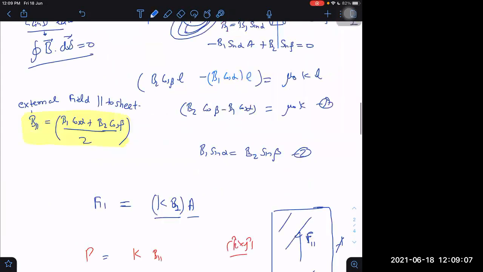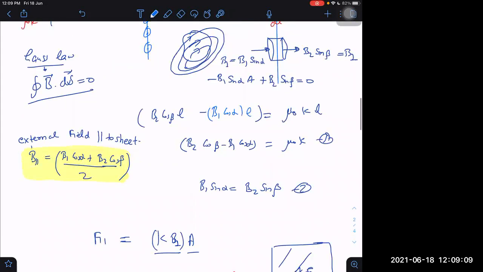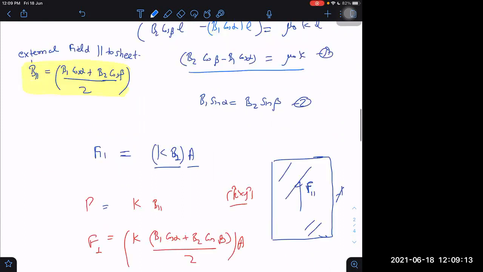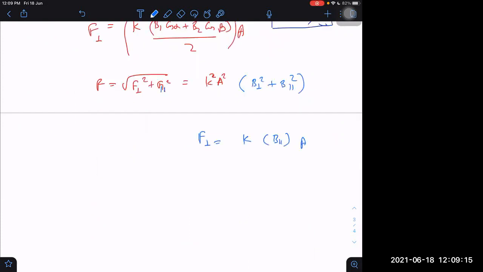I had written the k value somewhere in terms of magnetic field, in this relation here. The k value is equal to B2 cos beta minus B1 cos alpha, divided by mu naught. Let me write that also.